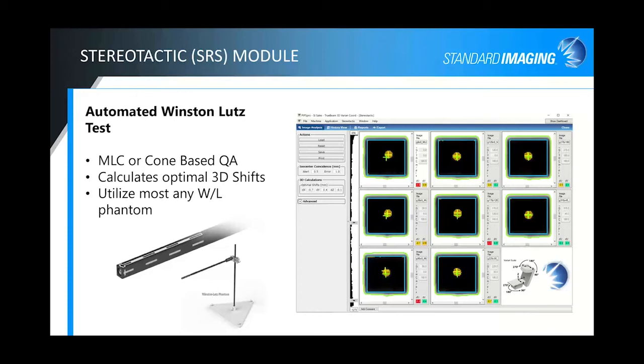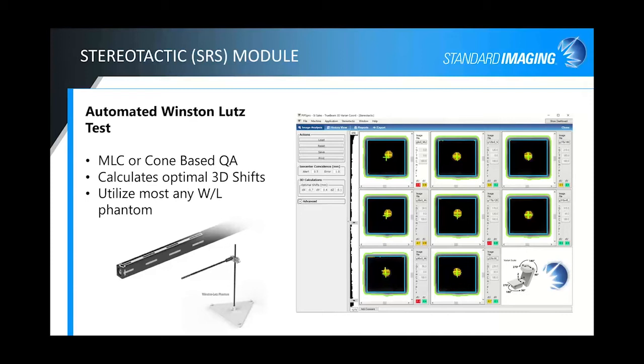It will automatically calculate the in-plane and cross-plane deviations, and then utilizing those, what we call the DU and the DV, as you can see on the lower right, showing you the in-plane and cross-plane directions. We'll run a calculation and give you an optimal shift to place that ball marker into the center of the field and the isocenter of the system.